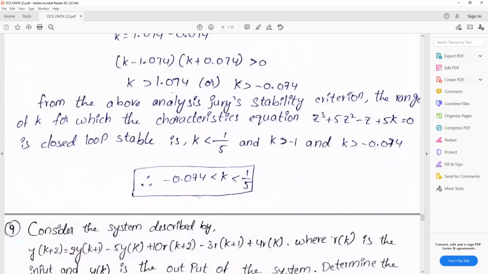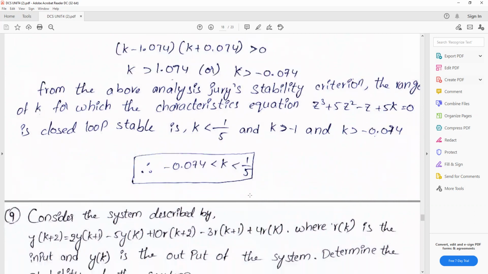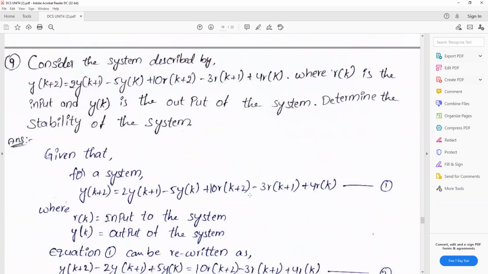The root values lie between the lowest value and the highest value. So minus 0.074 is less than K, less than 1.1/5. Okay, so next problem. This is a very, very important problem.